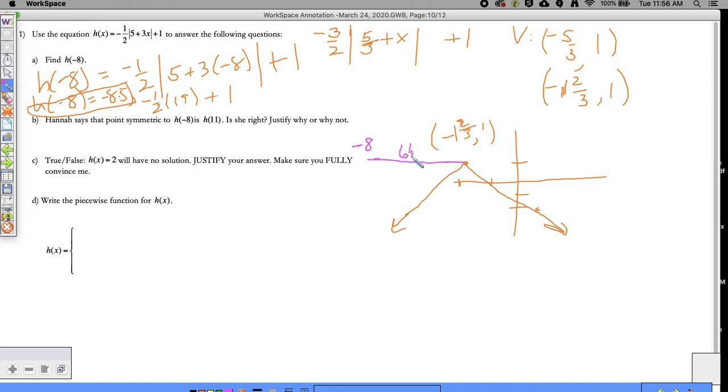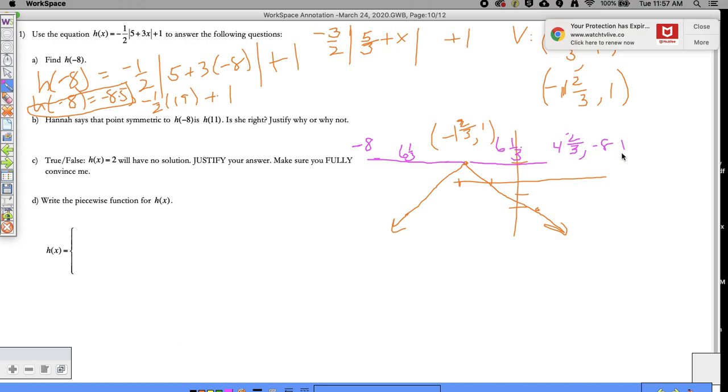So this is 6 1/3 units that way, which means you have to go 6 1/3 units in the opposite direction. So we're going to be doing -5/3 plus 6 1/3, which is 19/3. That is going to be 4 2/3. So that is not true. It's going to be 4 2/3, comma -8.5, that is going to be the point symmetric.